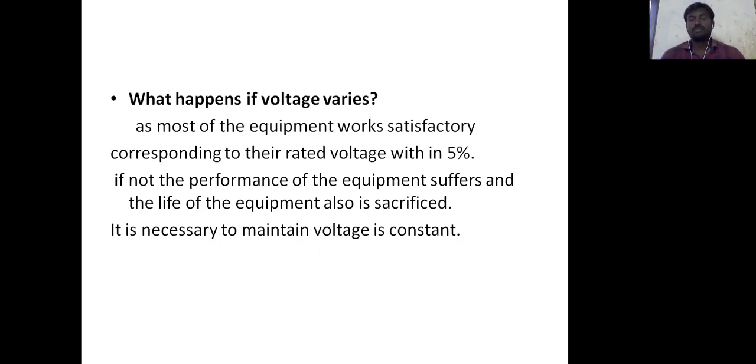The voltage may vary up to plus or minus 5%, but if the voltage variation is very high, the life of the equipment is sacrificed. Hence the voltage must be maintained constant.